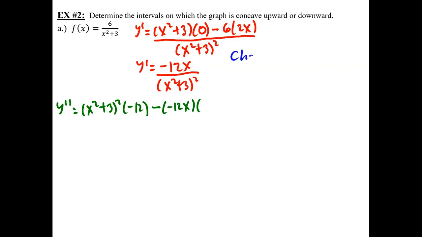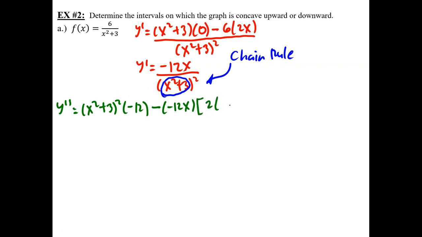You will use the chain rule for this one, because we have a function inside the parenthesis. So the whole parenthesis first.